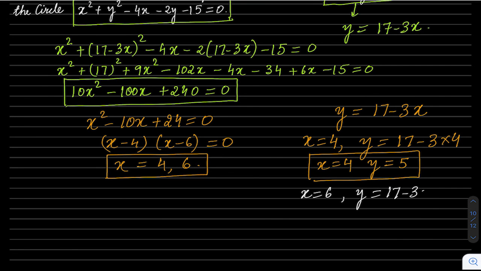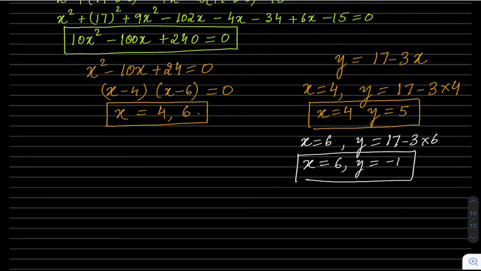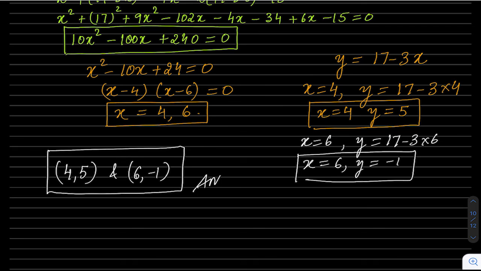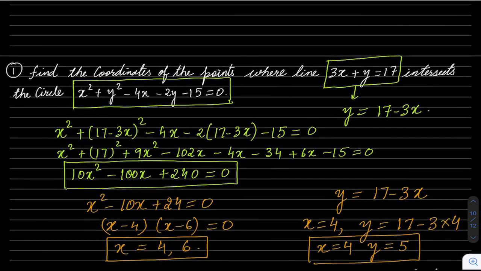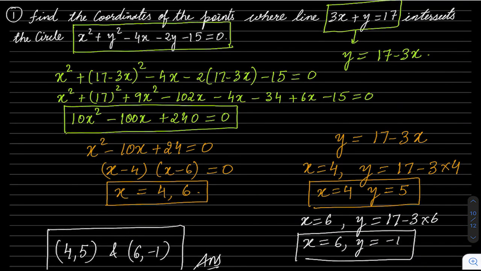When x is 6, y is 17 − 3 times 6, that is 17 − 18, which is −1. So x is 6, y is −1. This is my second answer. As you can see, we are getting two points, (4, 5) and (6, −1). Hence we can say this line is a secant and it intersects at two distinct points.